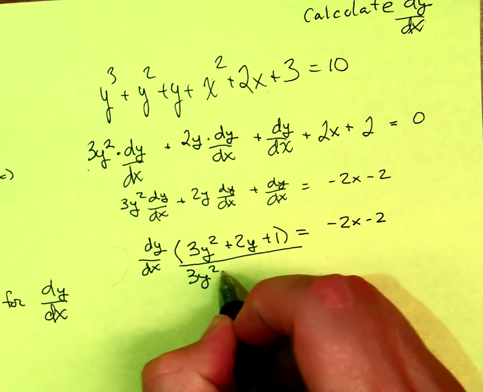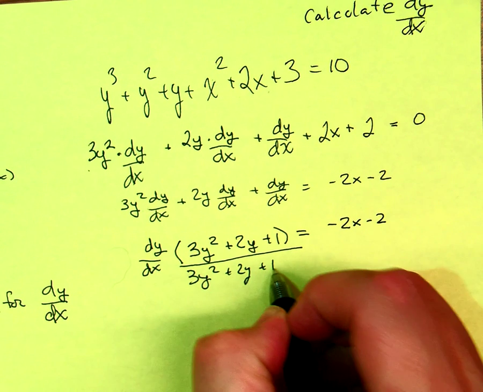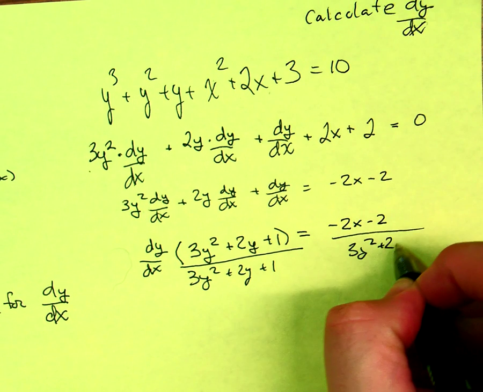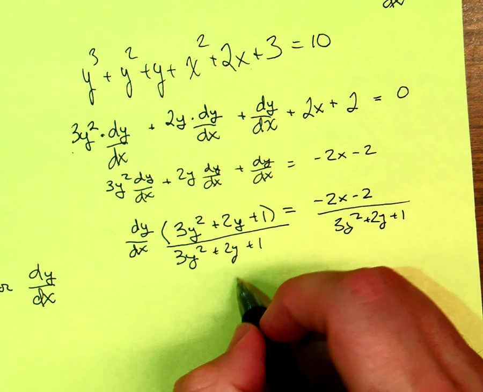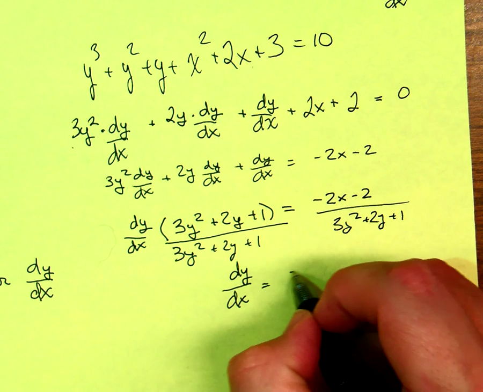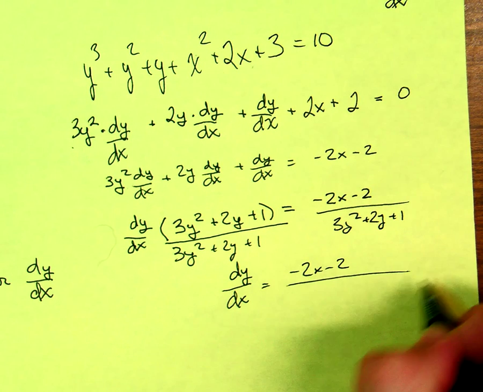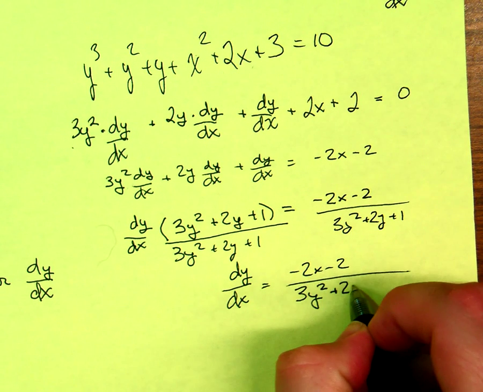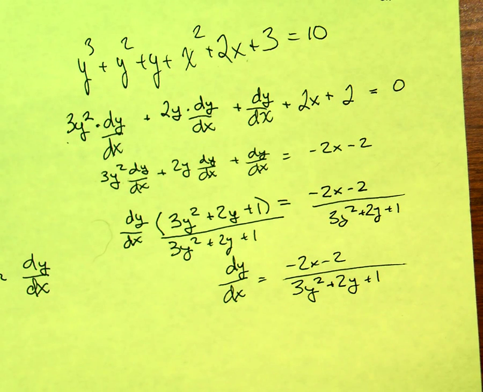Divide that by 3y squared plus 2y plus 1. And I got my dy dx is equal to negative 2x minus 2 over 3y squared plus 2y plus 1. And that's it. That's implicit differentiation.